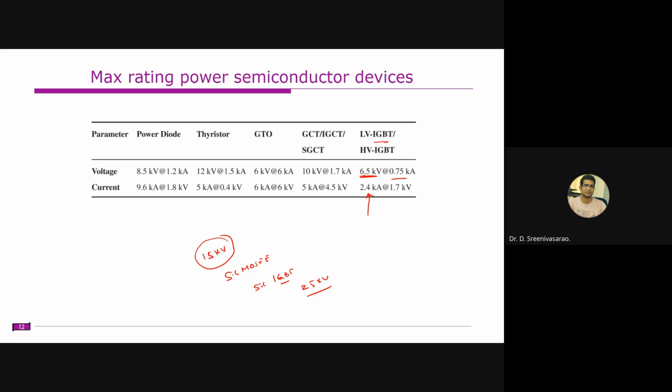Right. So now the point is that when you are using wide band gap switching devices like silicon carbide, we can get high voltage levels in the switches. But the thing is that these are in production, or the cost of these is relatively much higher when compared to silicon based IGBTs.